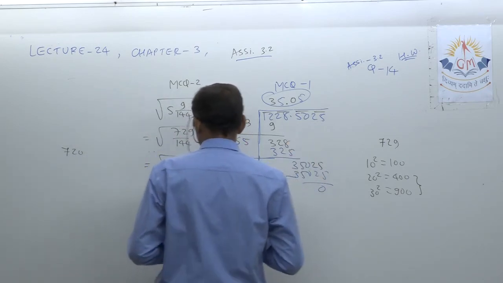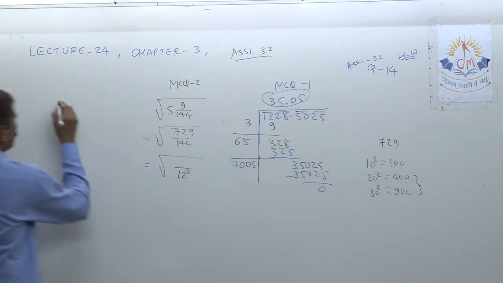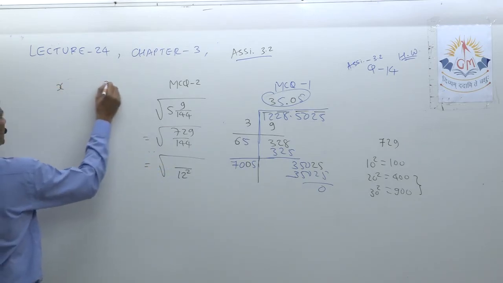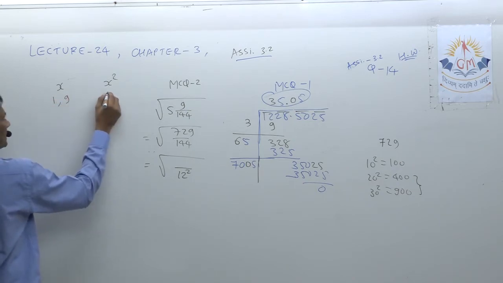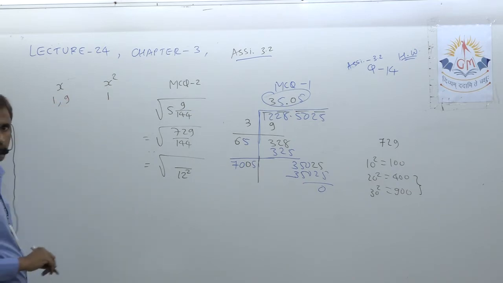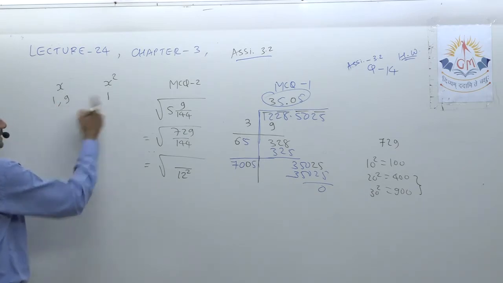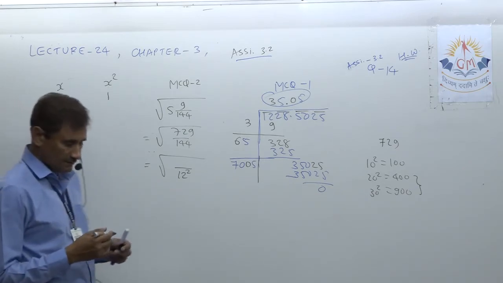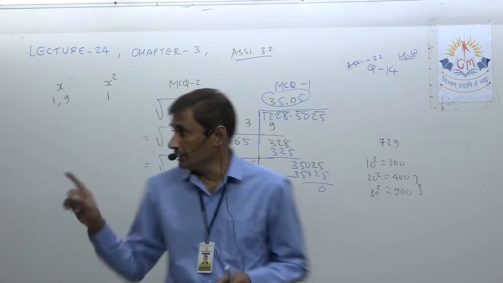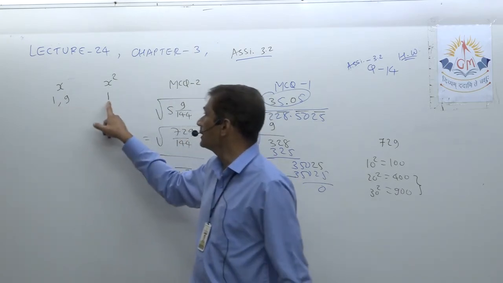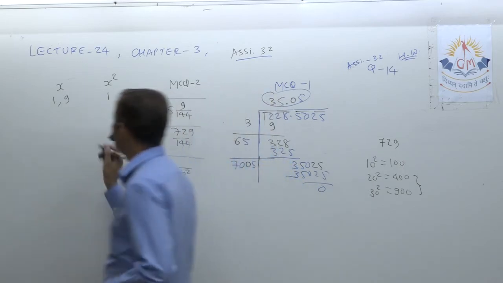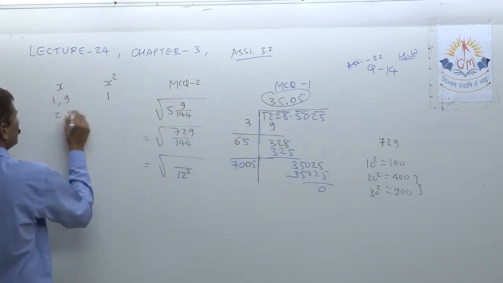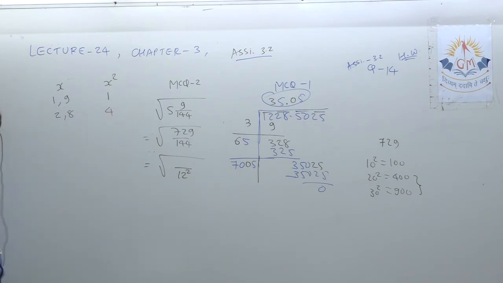You just understand. I am writing here only. If the last digit of x is 1, the last digit of its square may be 1. 9 9s are 81. Whether it is 11 square, 21 square, 19 square, 29 square, everywhere the last digit of the square will be 1 only. Same way, if 2 and 8 here, the last digit will be 4.